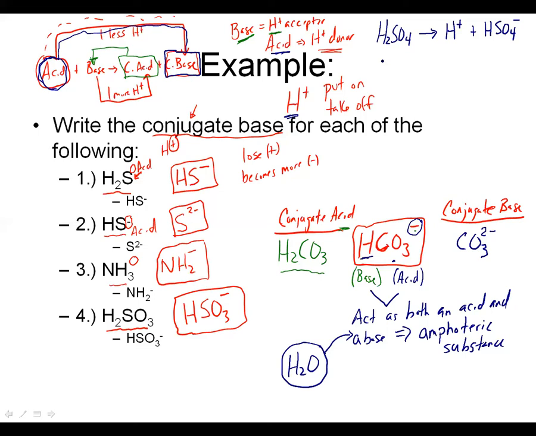And then the next step would be the HSO4 minus would lose another hydrogen and become SO4 2 minus. By the way, as you might imagine, it is much easier to do the first step than the second step. So most of the hydrogen that comes off will come off with that first hydrogen. The second one, not a lot of it will come off, but most of it will come off of the first one.